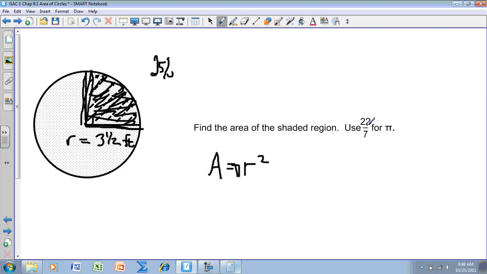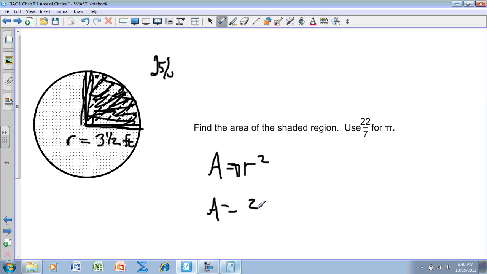Pi r squared. Now, look at what they asked us to do here. They said use 22 over 7 for pi. Now, the reason they're doing that is let's keep this as a fraction. In fact, let's make it an improper fraction. It's a mixed number right now. 2 times 3 is 6, plus 1 is 7.